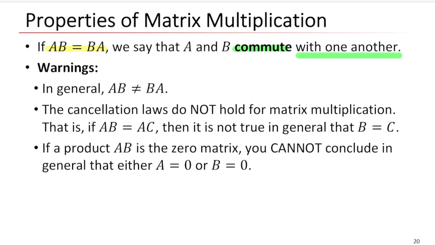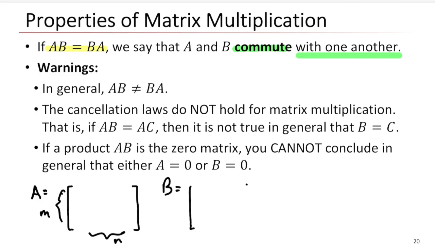So this is a very special case: AB is equal to BA. Here's the example. Let's say A is m by n, and B is n by p.